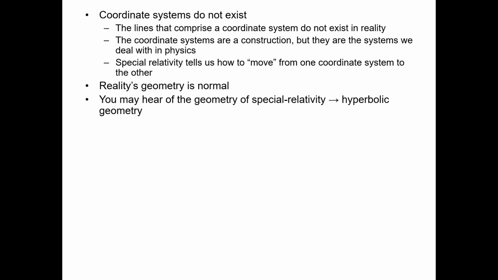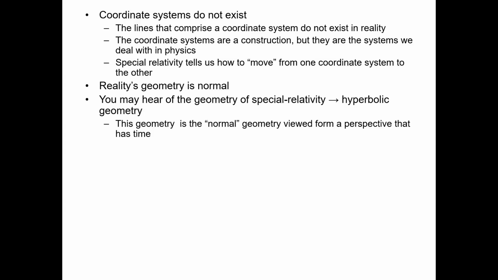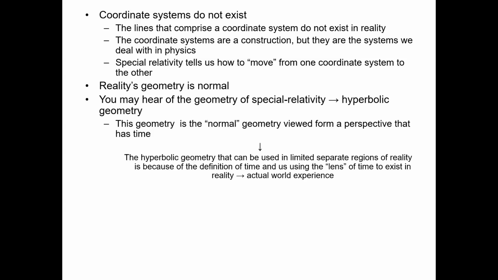And I say this because you may hear of the geometry of special relativity, which is called hyperbolic geometry. This geometry, the hyperbolic geometry, is the normal geometry viewed from a perspective that has time. So the hyperbolic geometry that can be used in limited separate regions of reality is because of the definition of time and us using the lens of time to exist in reality.